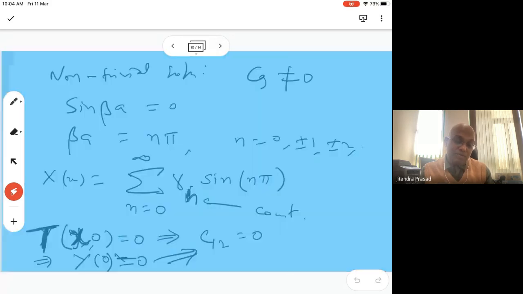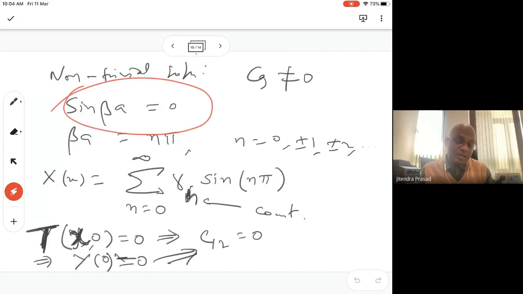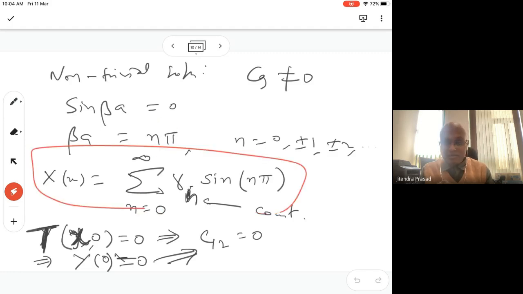From there, beta has to be n pi, and hence you write this as a summation over n. This is the general solution you can get for that.